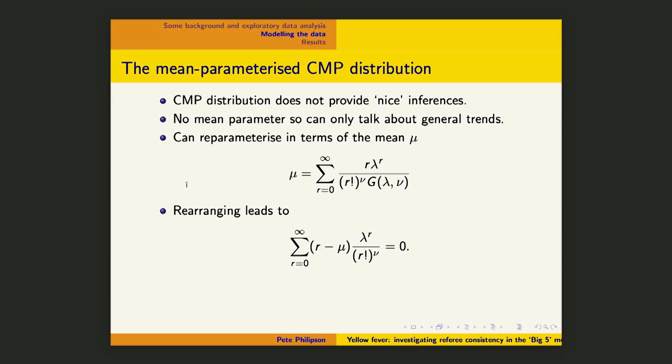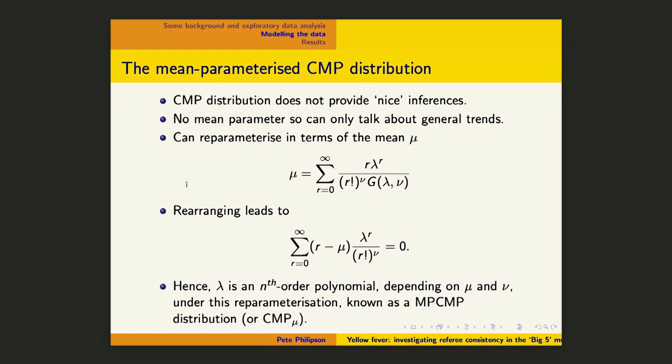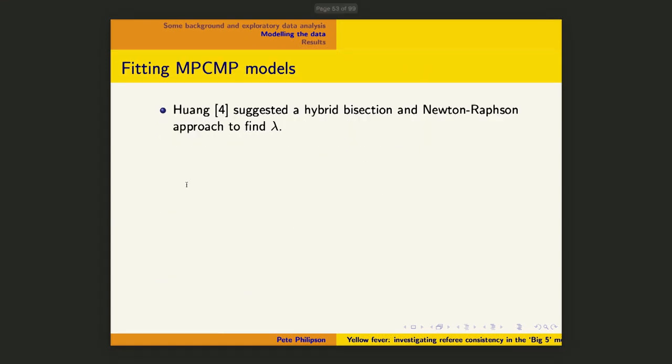We can rearrange that as an infinite order polynomial in lambda and nu. That means that lambda is an nth order polynomial that depends on the mu and the dispersion parameter. And under this reparameterization, we call this an MP-CMP, so mean parameterized Conway-Maxwell-Poisson distribution, or just CMP mu, if you prefer.